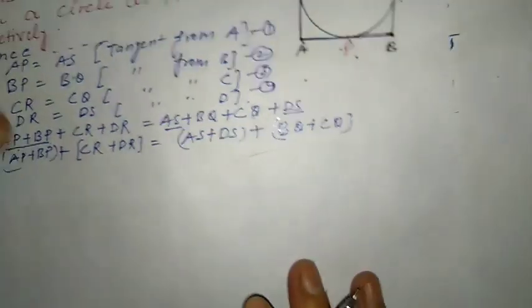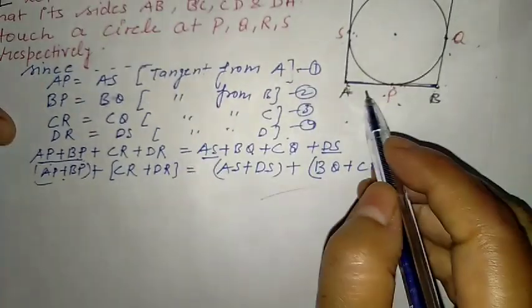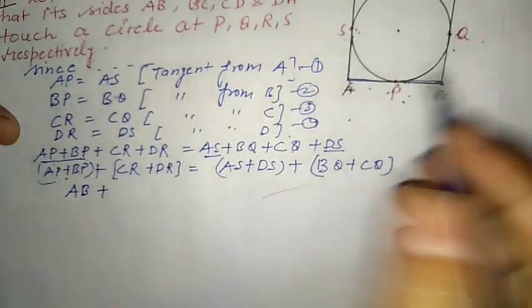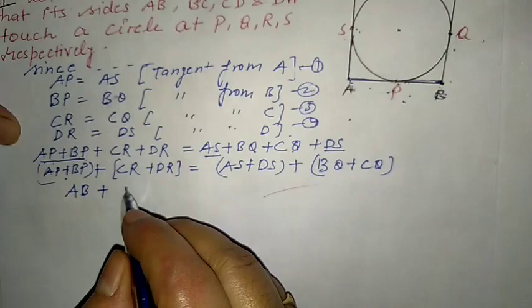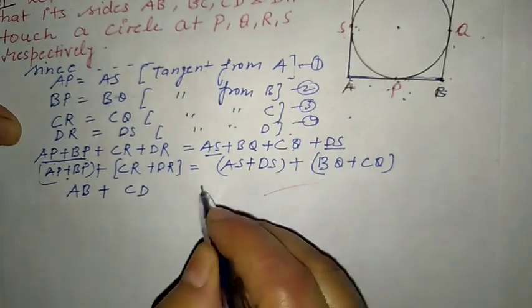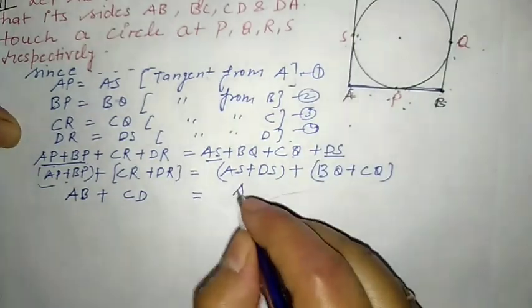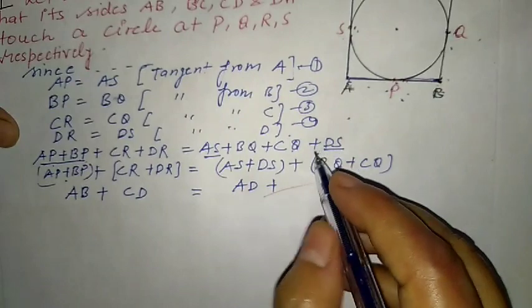This we have taken. Now this AP plus BP, from figure AP plus PB, it becomes AB. CR plus DR, it becomes DC, or we can write CD, is equals to AS plus DS, it becomes AD, and BQ plus CQ, it becomes BC.